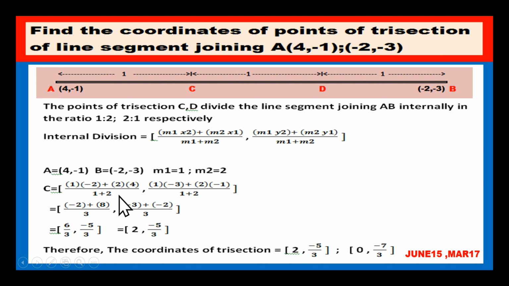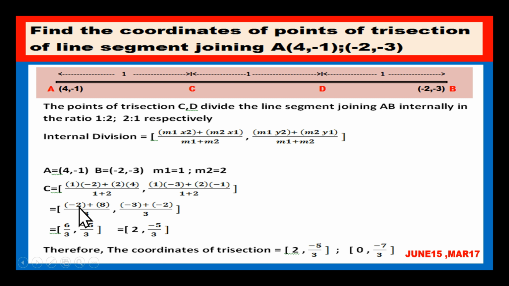Similarly, y coordinate: m1 y2, m1 is 1 into y2 is minus 3, 1 into minus 3 plus m2 y1, m2 is 2 into y1 is minus 1, 2 into minus 1 divided by m1 plus m2, 1 plus 2.